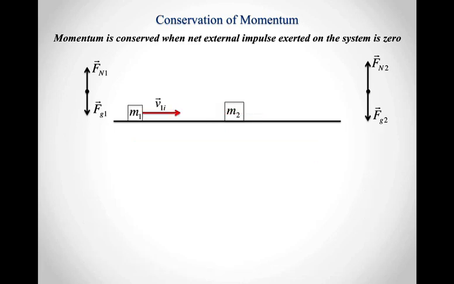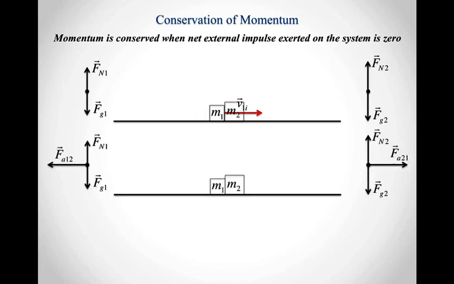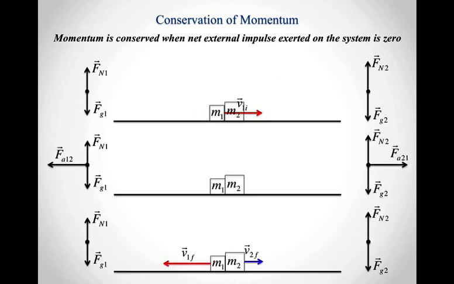If I take the same situation, and this time just don't bolt block 2 down. So again, block 1 is going to slide over, they're going to interact, and now they're both going to slide away from that collision. So block 1 will slide back to the left, block 2 will start sliding over to the right. And again, same thing's true about the external forces. I have external forces of normals and weights, but those cancel out.